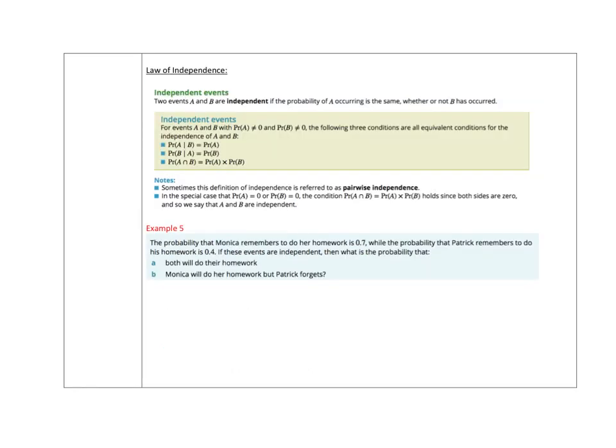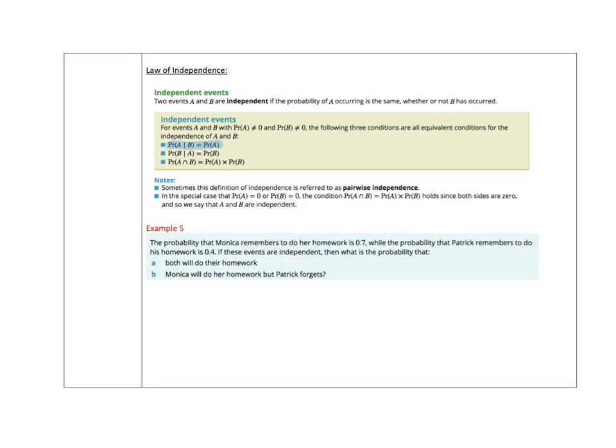The last law that we're having a look at is the law of independence. Now, we know that if the probability of A given B is equal to the probability of A, then that means that B must have had no effect. Think of this like flipping a coin, the fact that I flipped a heads in one trial means nothing about the chance of getting a heads in the next trial.